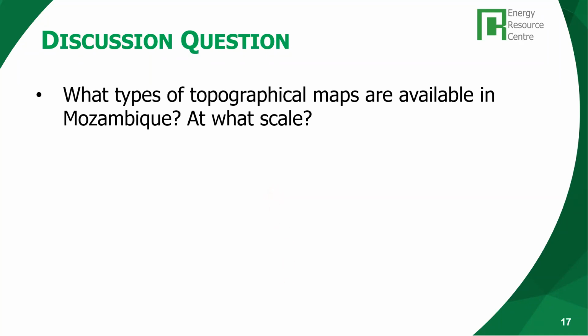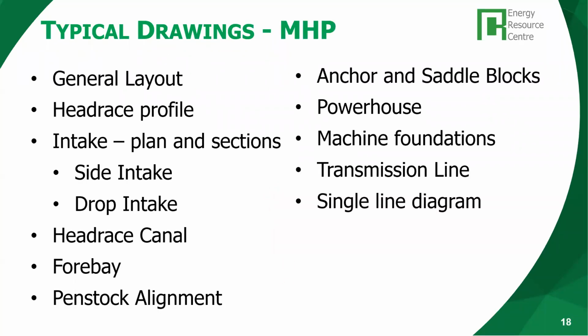Okay, so let me just move on. Basically, for a mini hydro project, these are the typical drawings, and I will just go over them quickly. First, you have the general layout and the head race profile.